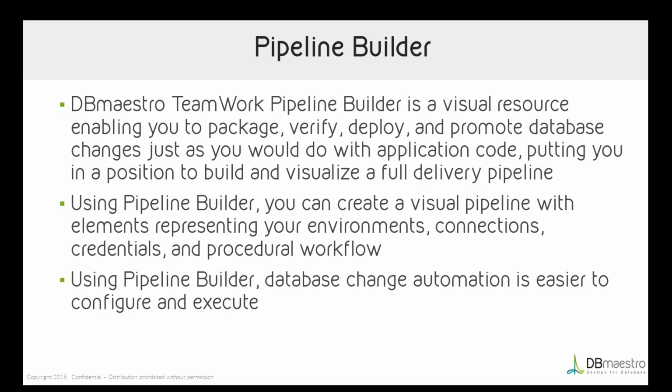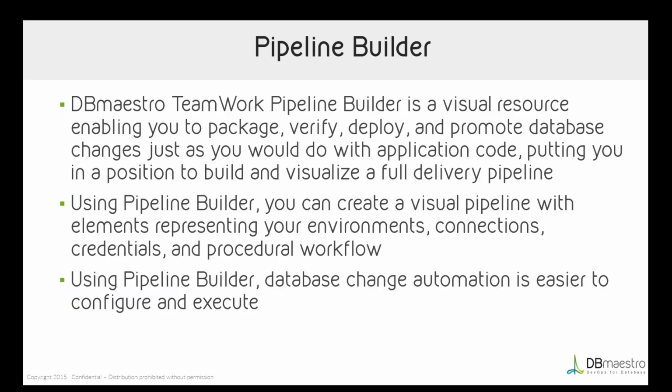So it's very similar to the pipelines you build in Jenkins or CA Release Manager. You design how you want the changes to move from schema to schema, and you create that in a pipeline. It's visual, so you can see how your changes are going to move from schema to schema.